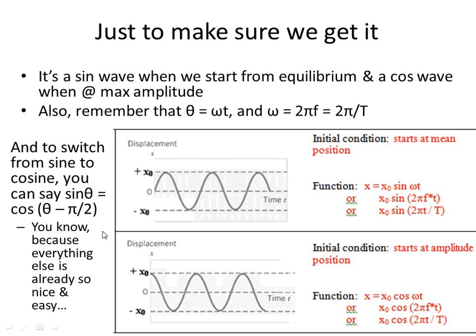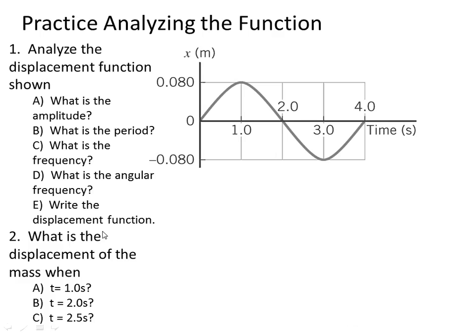But we're going to try an example problem. Feel free to look back at the previous slide. Take this curve and figure out the amplitude, the period, the frequency, and the angular frequency, and then write the displacement function.